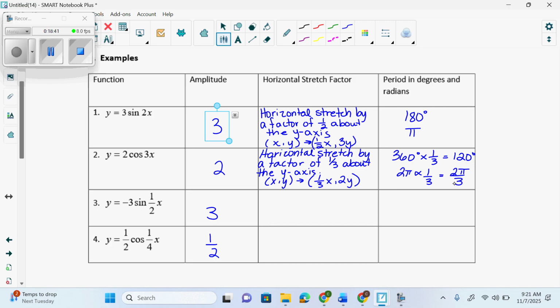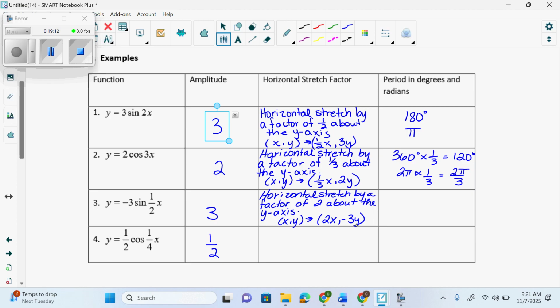Okay, the next one is a horizontal stretch by a factor of 2 about the y-axis. x, y becomes 2x, comma -3y.